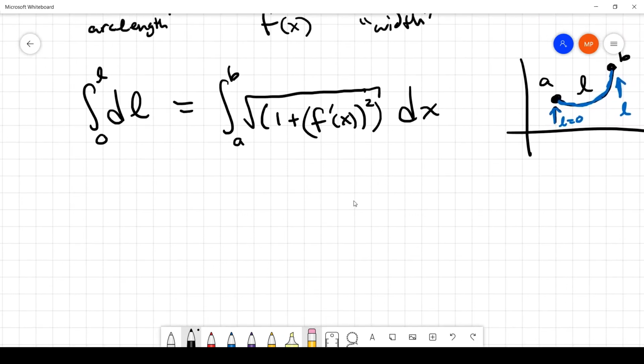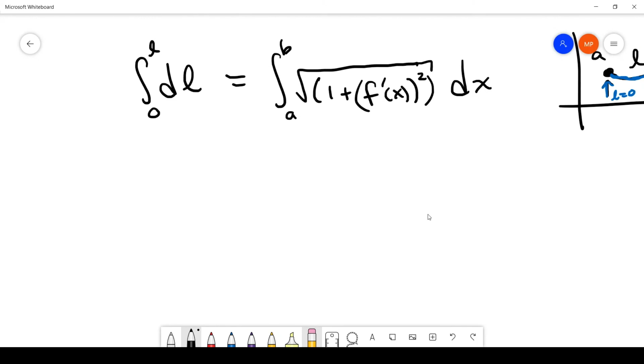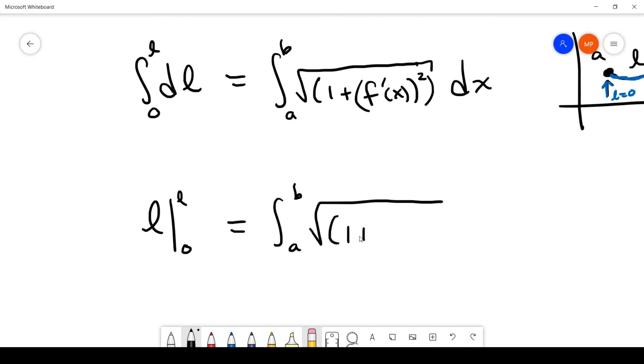And so we can get our final equation by simplifying this term here, because we know that the integral from 0 to L of dL is going to be L evaluated from 0 to L. It's equal to the integral from a to b of the square root of 1 plus f prime of x squared dx.